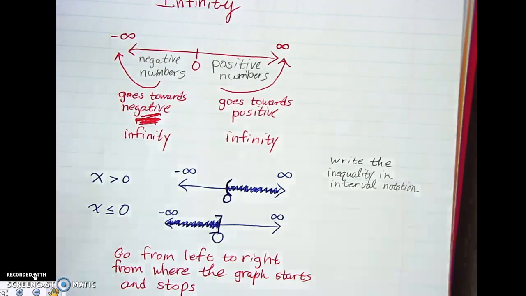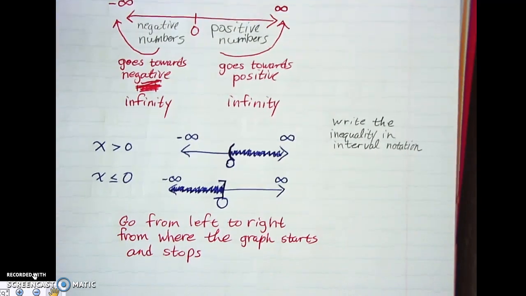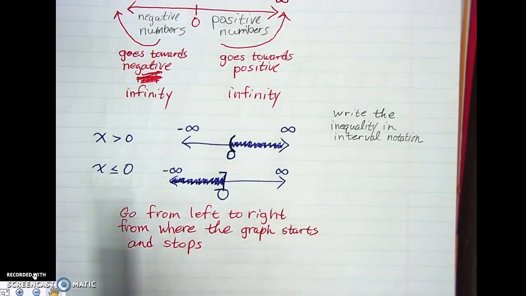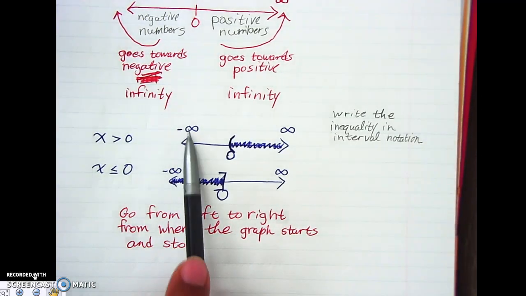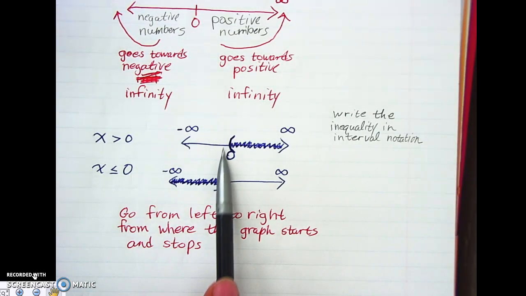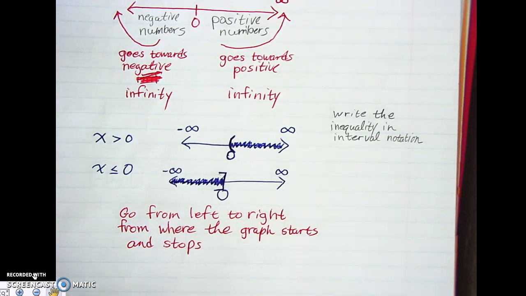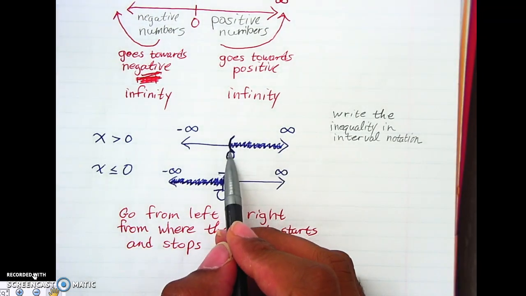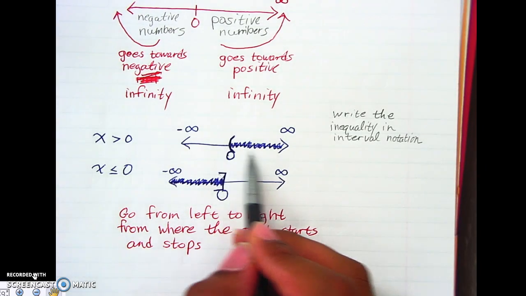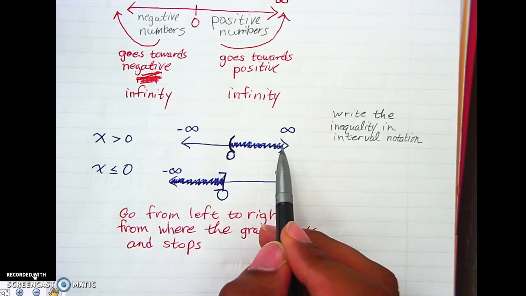If we do that, there is nothing on this side of the graph. It's blank, so we don't write anything there. But it starts at 0, and then it goes on forever to positive infinity.